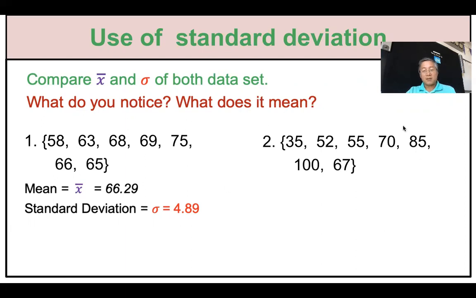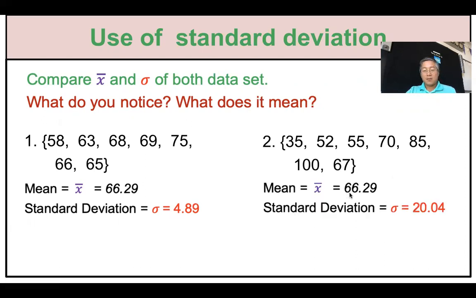Now, how about the second set? If you do the same steps as we did just before for the first data set, you will get a mean of 66.29. Oh, the same mean, right?